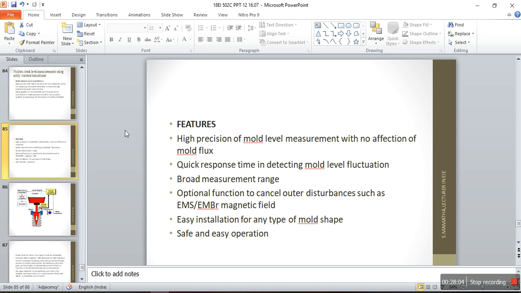Features: high precision of mold level measurement with no effect of mold flux, quick response time in detecting mold level fluctuation, broad measurement range, optional function to cancel out outer disturbances such as EMS, EMBR, magnetic field, easy installation for any type of mold shape, safe and easy operation. These are the features.